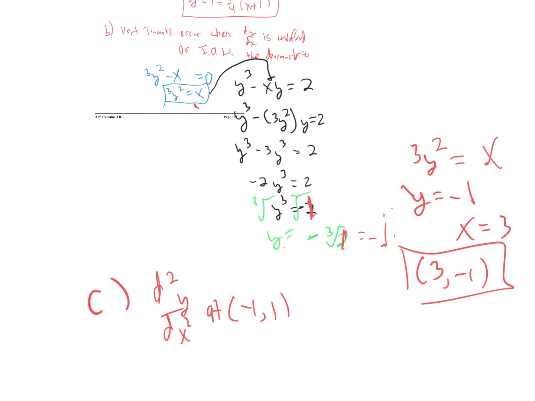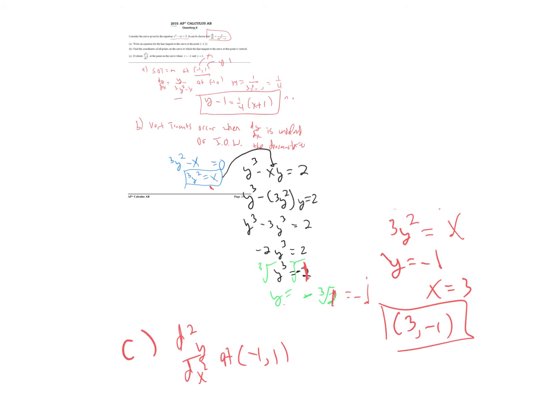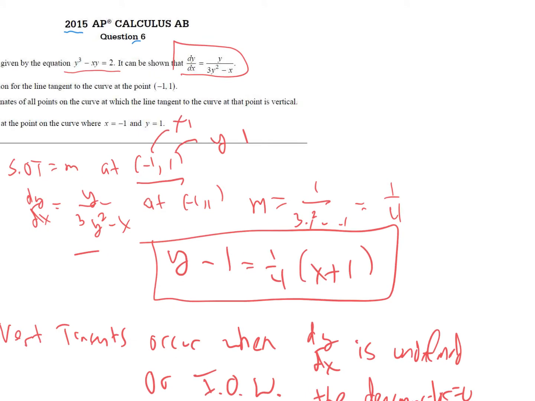So we have the derivative. It was actually given in the problem up there. So we're going to use that derivative. Let me say it to myself here as I remember it.